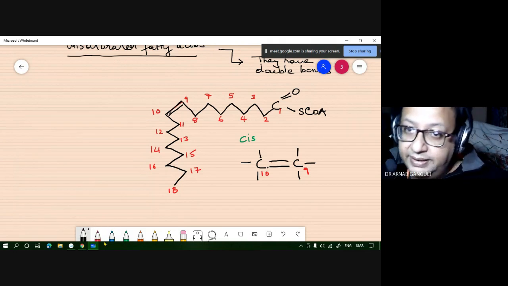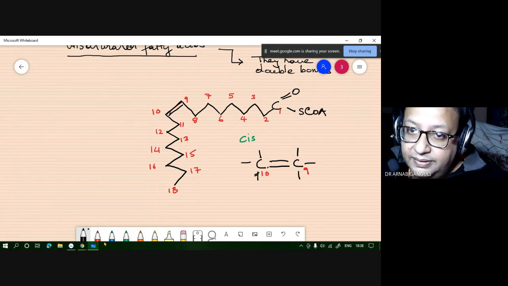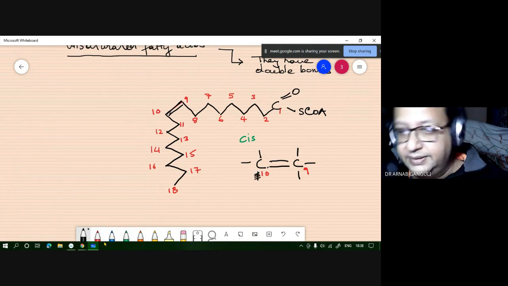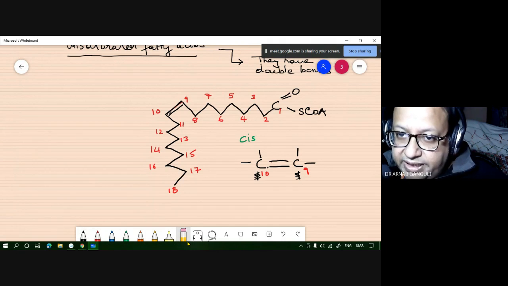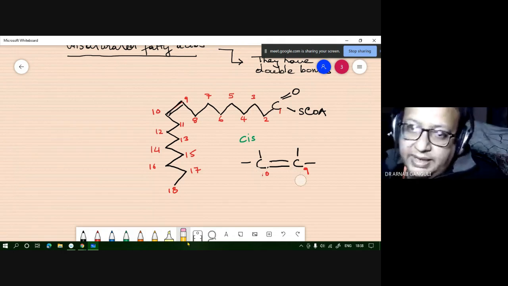And let us cut this. No double bonds over here. I initially, on purpose, drew it just to erase it in front of you. Nine and 10.